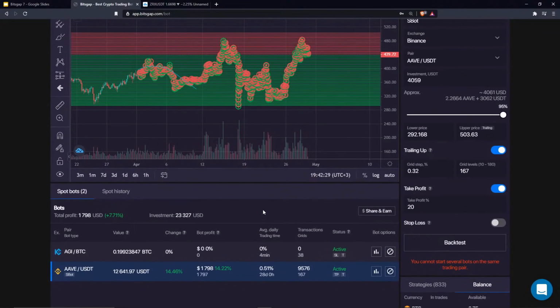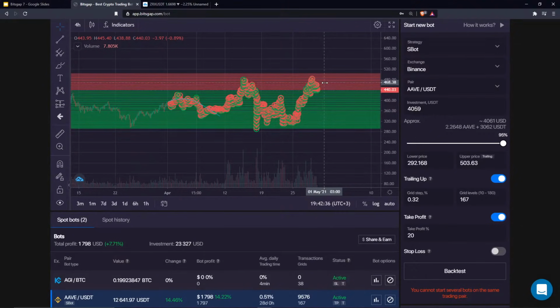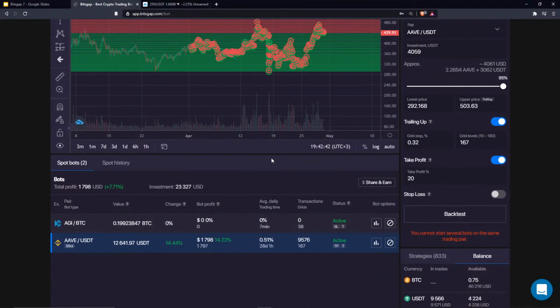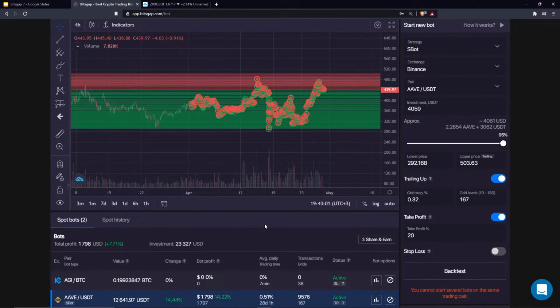So that's the thing about the change, that it takes the market volatility, like if the price is falling or rising of the base currency, and the profit generated so far by the bot. Okay, so you can see that your investment change can be relatively bigger than the bot profit, and you can also see where your change can be lower than the bot profit in the scenarios of the downfall. So that's the thing.